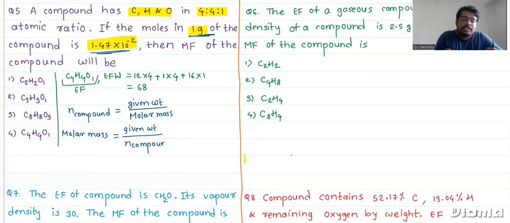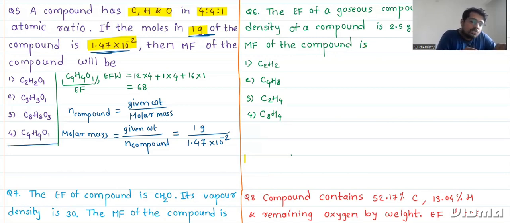Okay, now let us substitute the values. Given weight is 1 gram, divided by number of moles, 1.47 into 10 to the power minus 2, right? So let us calculate the molar mass.